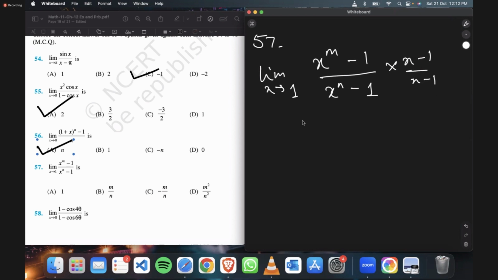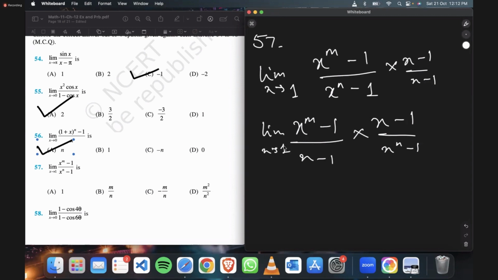Yeah, then it will just take us back to that previous question we just did. x minus 1 by x to the n minus 1, and limit x tends to 1. So this one is m, and n, giving m times 1 upon n, so the answer will be m by n.